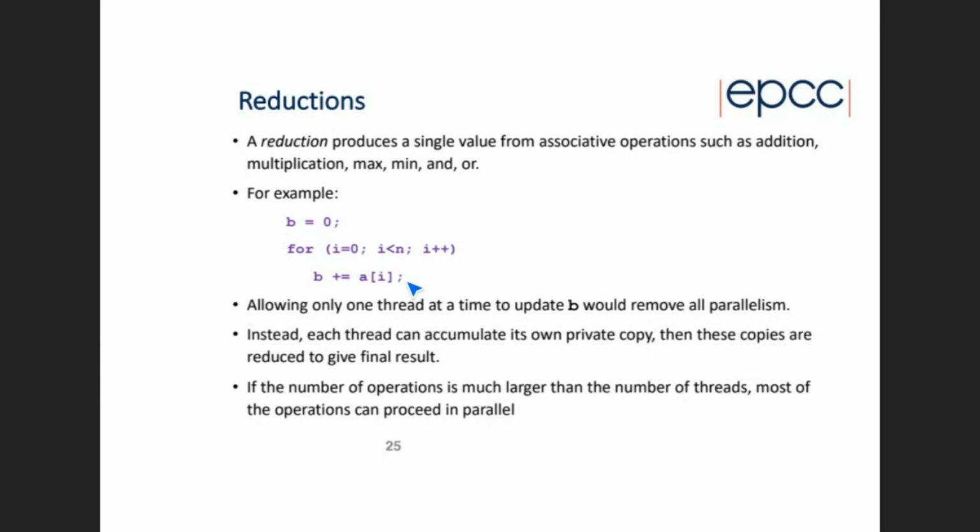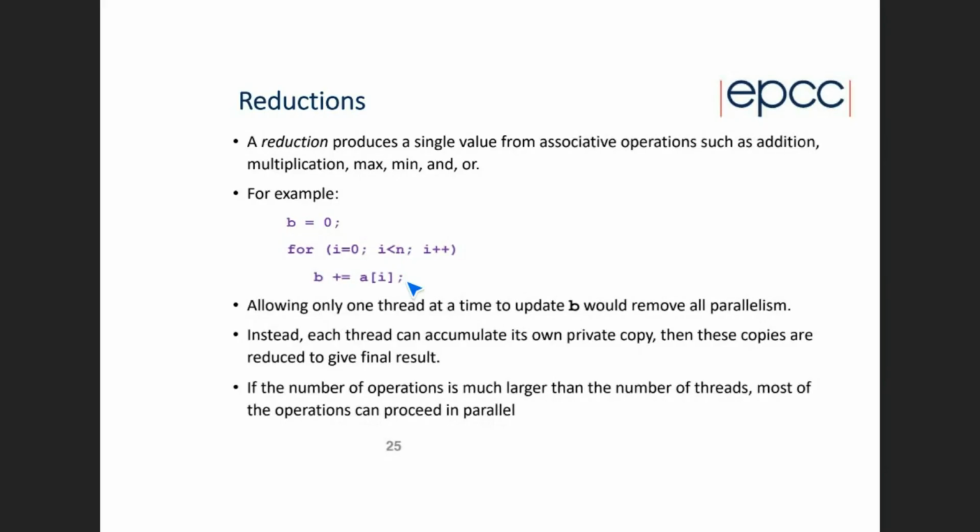We have multiple threads trying to add values to the same shared memory location. So that's an example of a race condition. It's exactly analogous to, or just a slightly extended example of, two threads trying to add one to a shared variable.